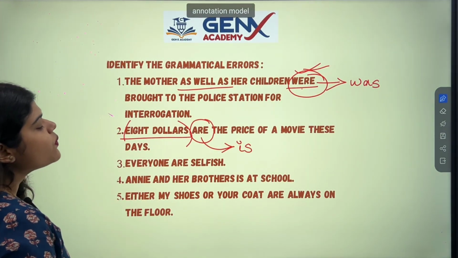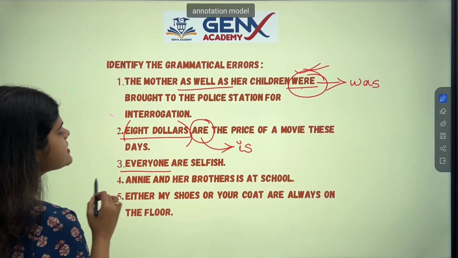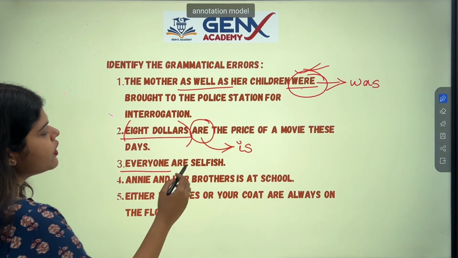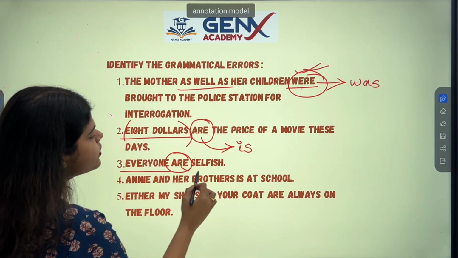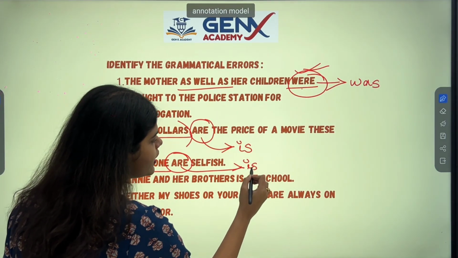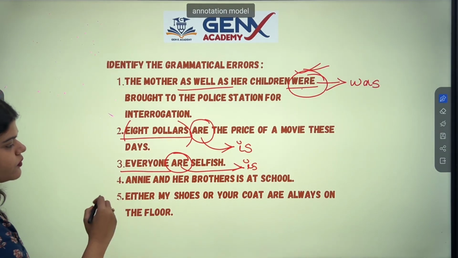Next, everyone are selfish. So we just saw that every sentence starting with every, everyone, each or each one will be followed by a singular verb. So are will be changed to is. Everyone is selfish.